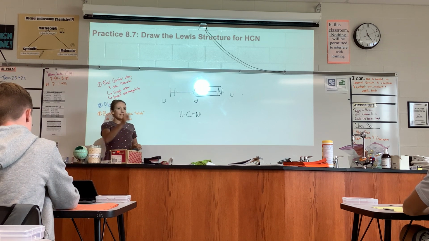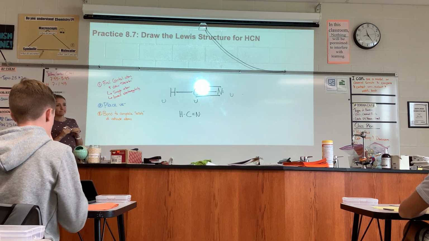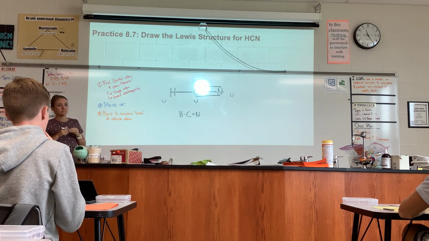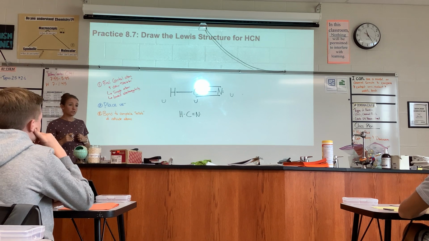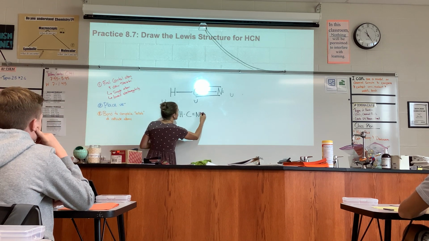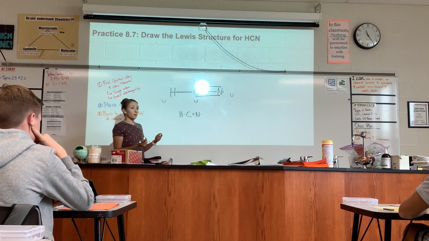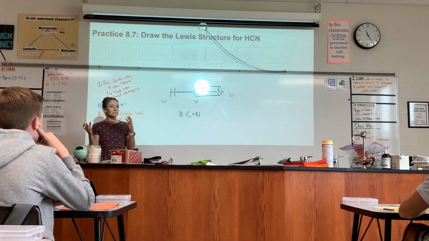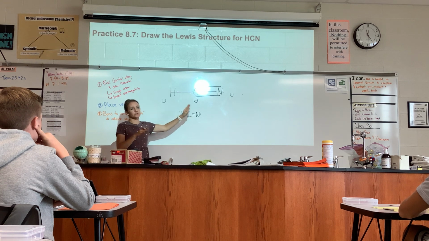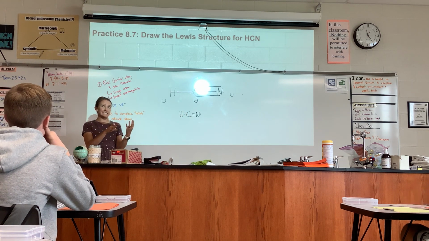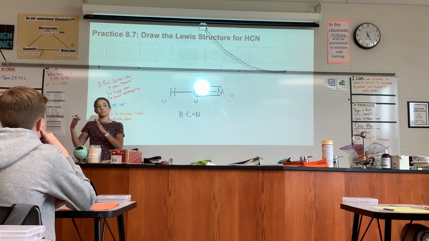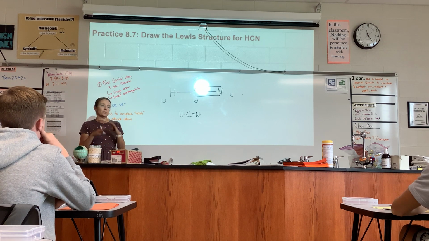So on the examples in the front, it shows the ones that aren't connected still as lines, like on the right of nitrogen. Yes, it is acceptable to do lines for all pairs. My preference is to do lines for shared pairs, dots for lone pairs, because next time we're going to take these 2D pictures and turn them into 3D pictures, and having a distinction between lines and dots can be helpful there.